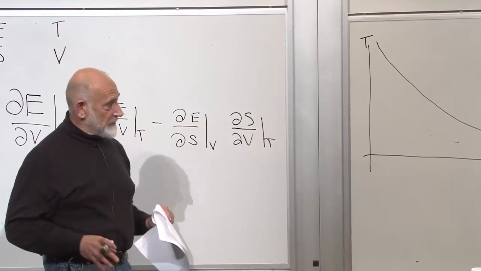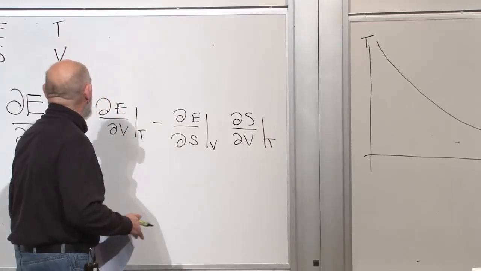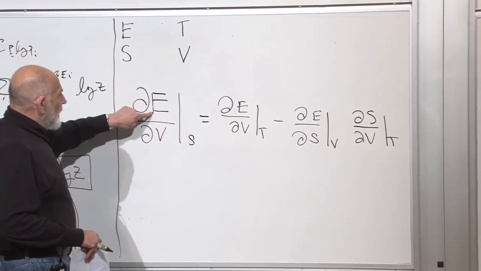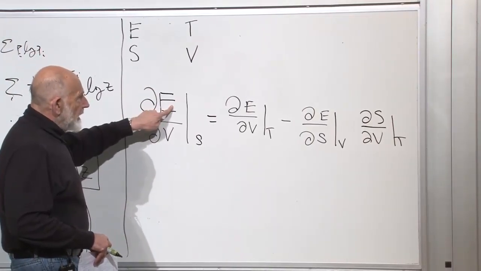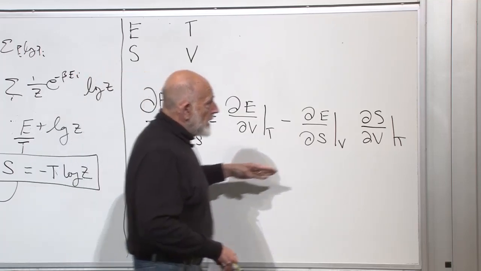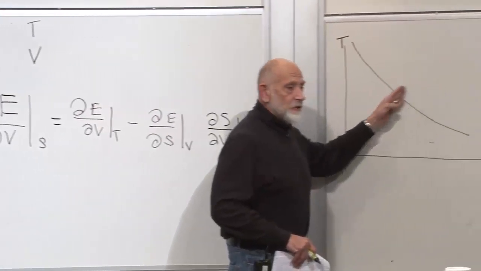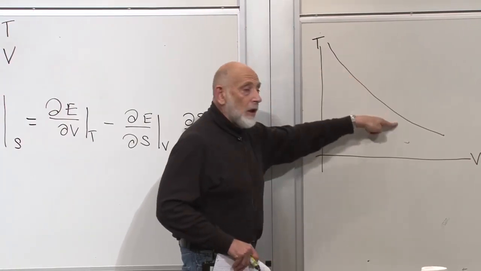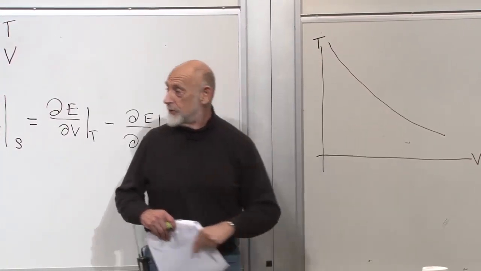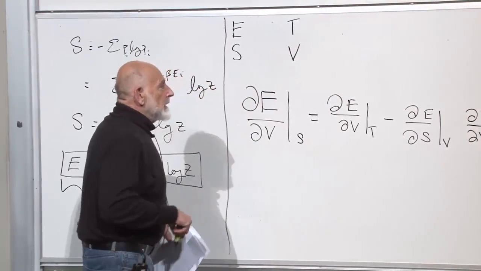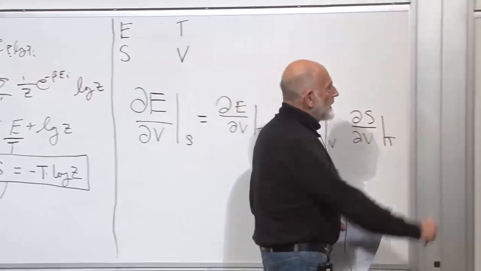That's fixed S. That's the important thing. And we want to calculate the rate of change of E, that's another variable, with respect to volume. In other words, how fast E is changing as you change the volume, but along a line of constant S. That's what this says. Keeping S constant. So here we are, at a point over here.